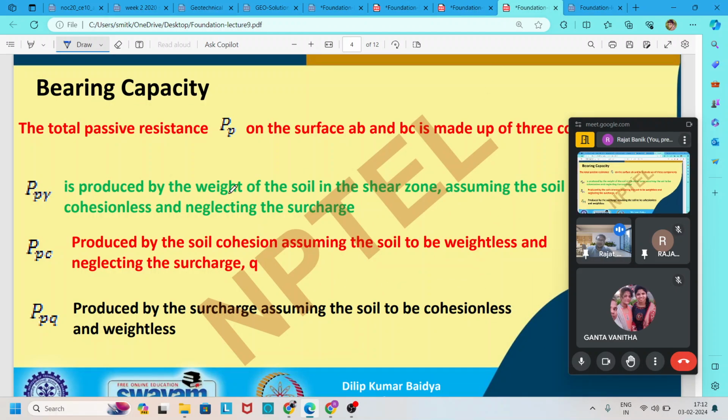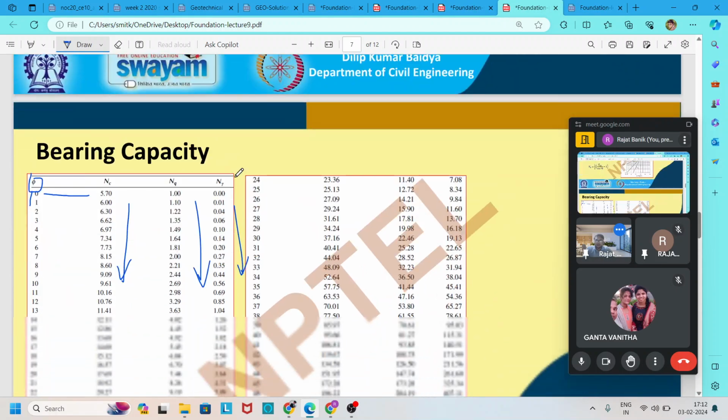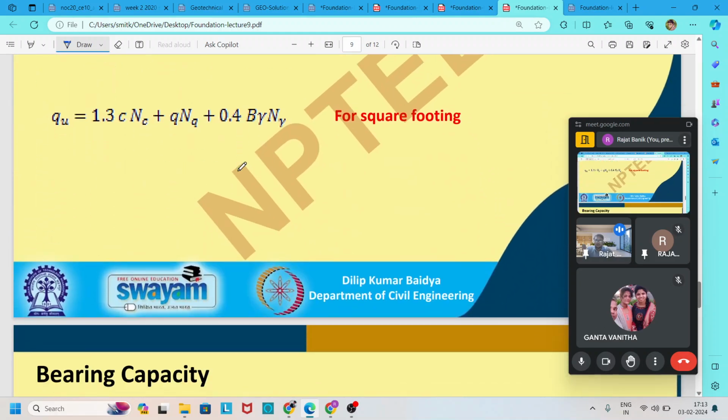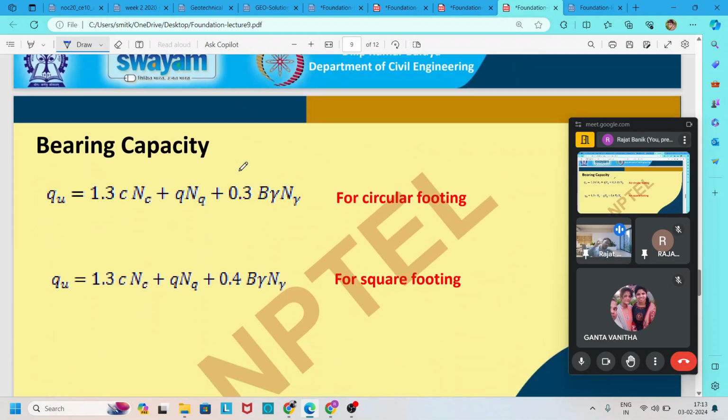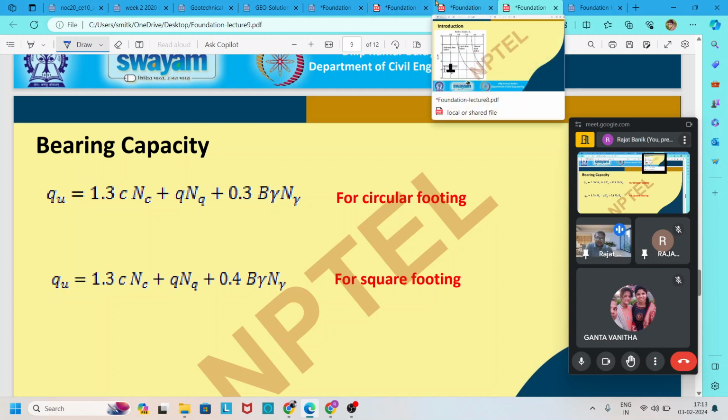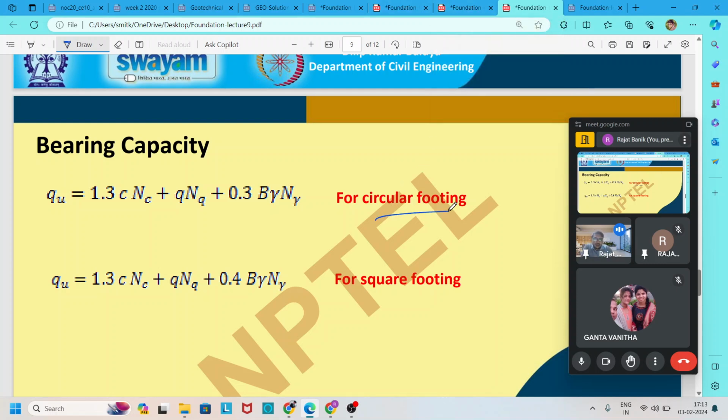So now we come back to our original slide. This formula given by Terzaghi is given only for the strip footing. So what if we use this formula for circular isolated footing or square isolated footing?